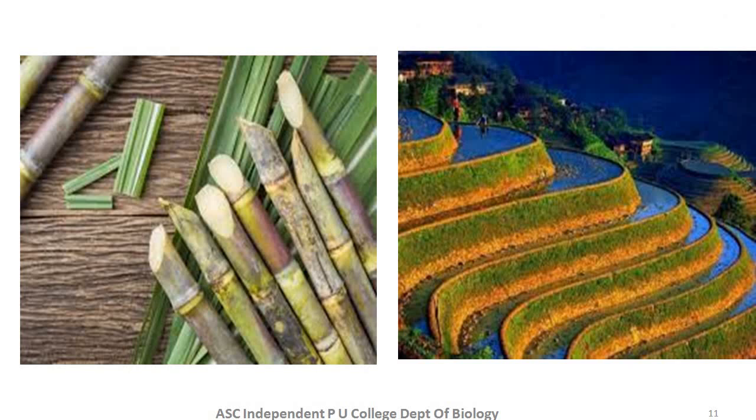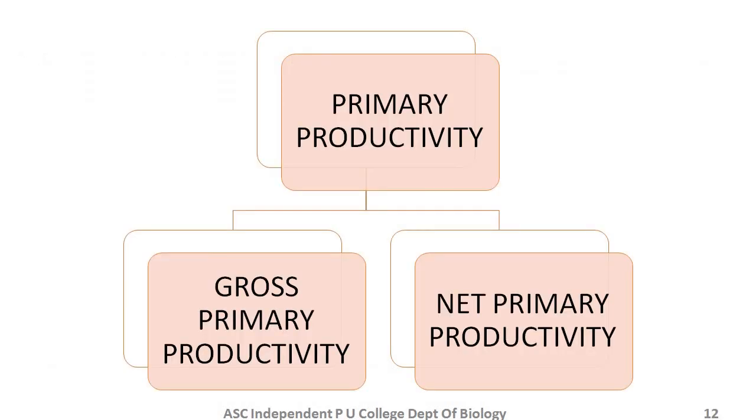In artificial ecosystems, the most productive agro ecosystems are sugarcane and rice. It is around 3 to 4 kg per meter square per year. That's the annual productivity. Primary productivity is of two types: gross primary productivity and net primary productivity.